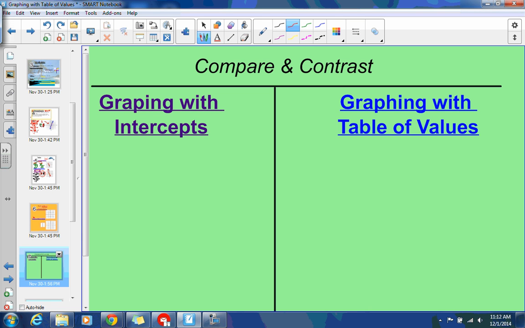But just a couple things that are different about graphing with intercepts versus graphing with a table of values. You only need 2 points for the intercepts, because then you know that it's in standard form. Here you need at least 3 points.